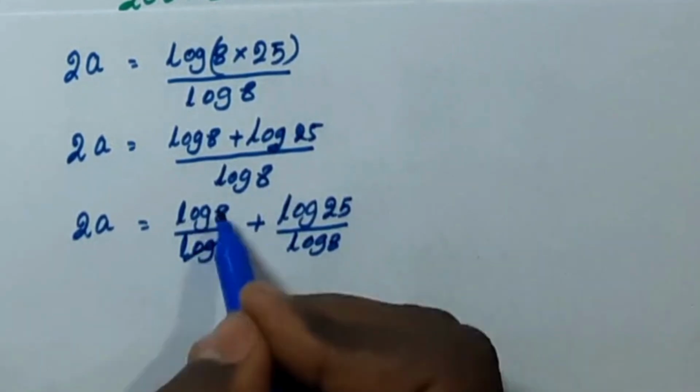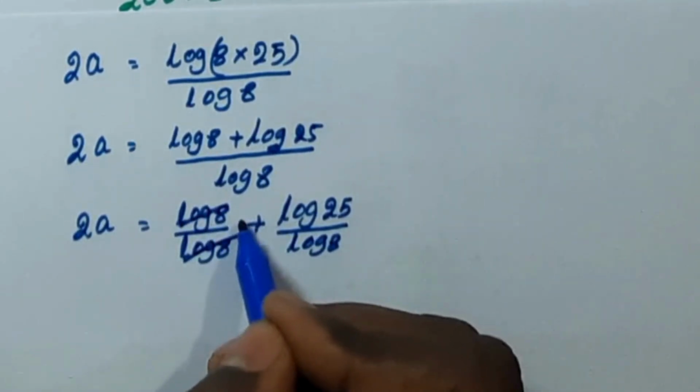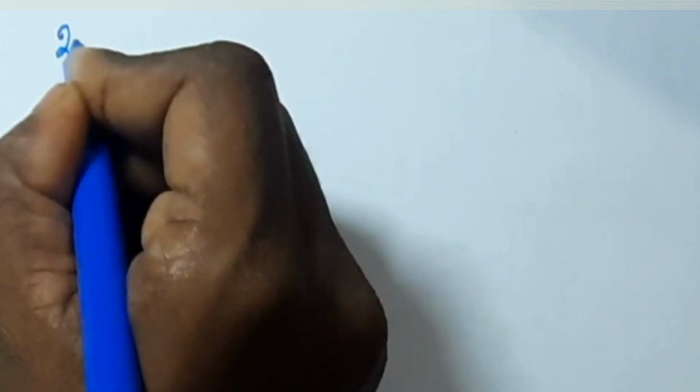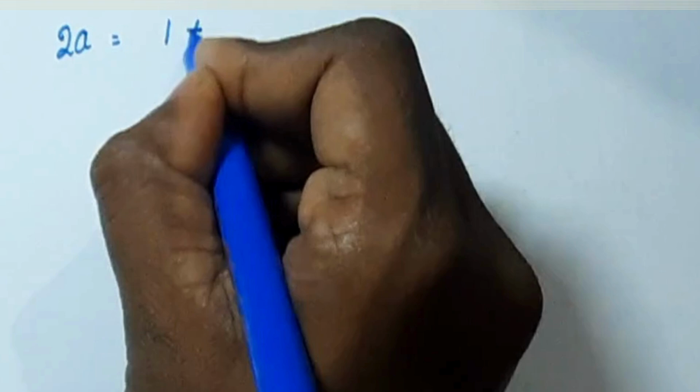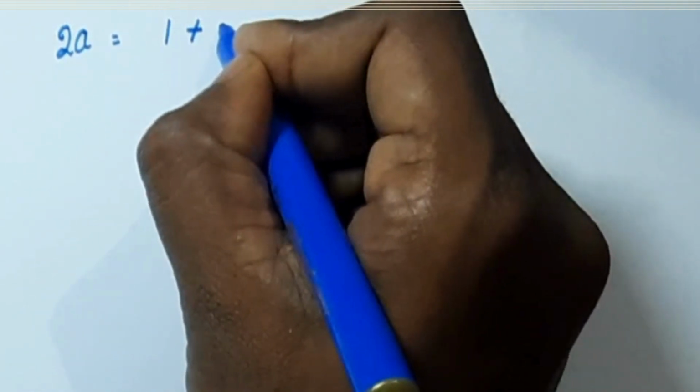This log 8 cancels this. So here we have 1. 2a = 1 + log 25 / log 8.